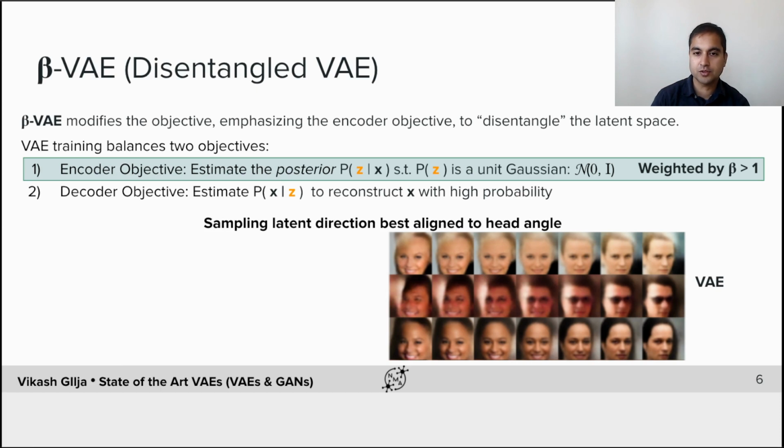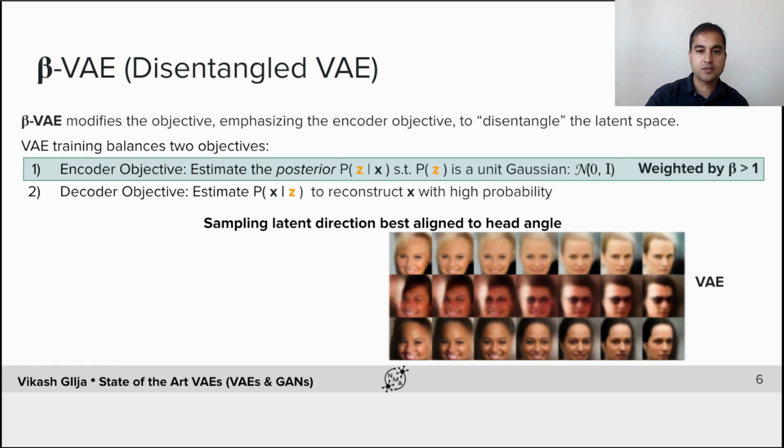So if we have some additional data about the angle that the head is at in each image, we can find the direction that best describes head angle. And then we can generate images along that direction. So we can start at different points in the latent space and move along that direction. And ideally, what we would see is that as we move along, we'll simply see the head shifting its direction. And that's what's done on each of these rows.